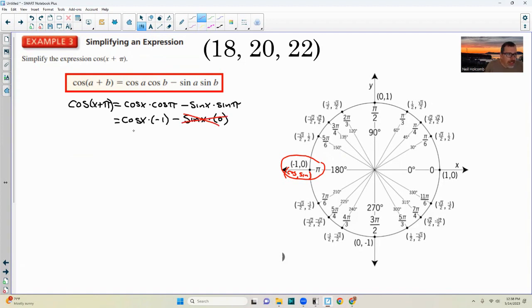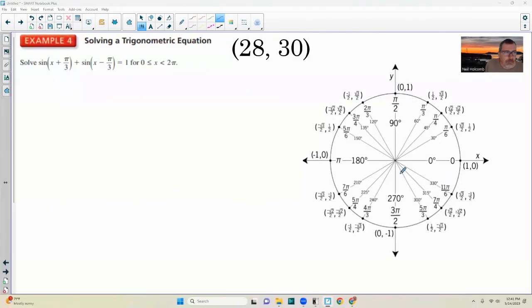That goes away. And the cosine of x times a -1 comes out to be a negative cosine x. And there it is, simplified. It is that easy. So cosine of x plus pi equals negative cosine x. Now try problem numbers 18, 20, and 22 in your exercises.